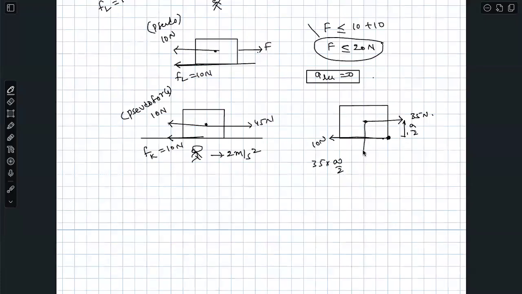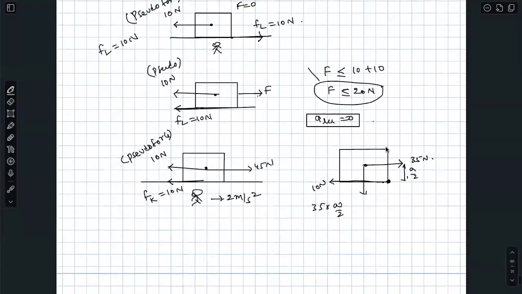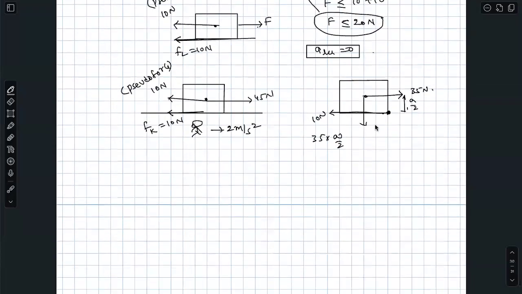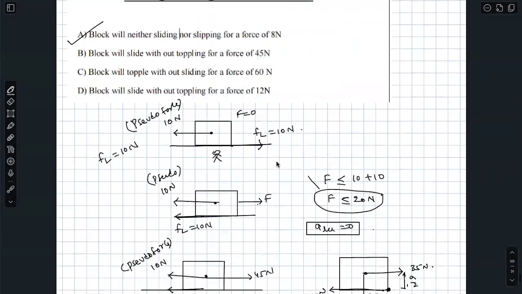And what is the weight torque? 100 newtons into A by 2. Now tell me, will it topple? Boys, weight torque is 100 times A by 2. Applied force, net applied force 35. No. What will happen? It will slip without toppling.